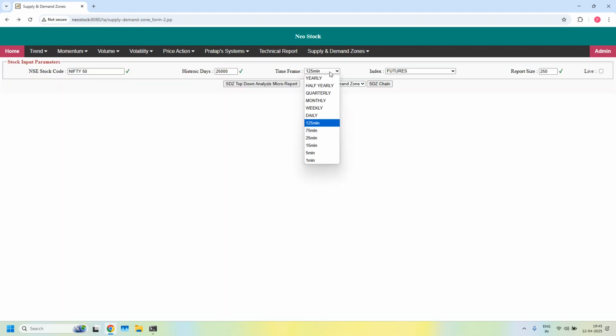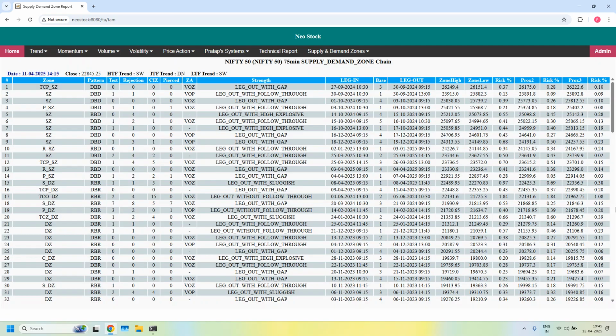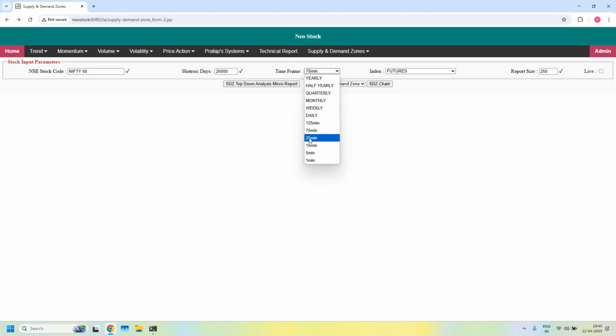Next, generating the 75 minutes supply demand zone chain for NIFTY. Next, generating the 25 minutes supply demand zone chain for NIFTY.